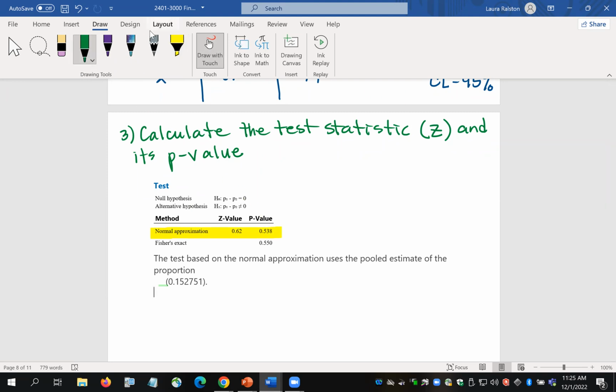So in this case, Z is 0.62. That's our test statistic. And the p-value is 0.538.